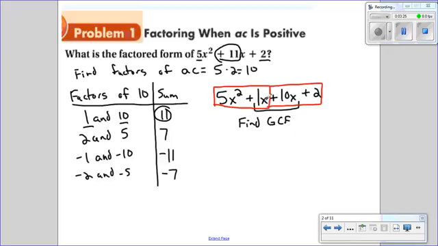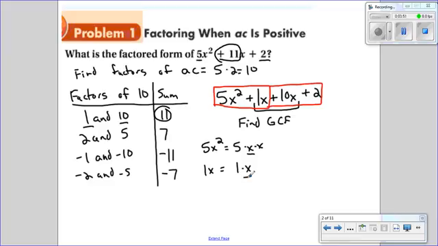So what is the GCF of 5x squared plus x? Now, if you have to, you can write each term like this, like we did before in earlier sections. And 5 is just 5 times x, and this is 1 times x. And you see that x is what they have in common.